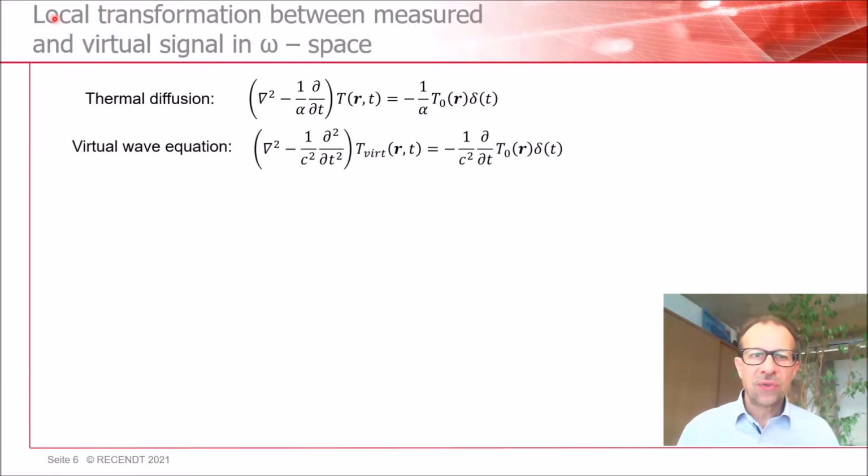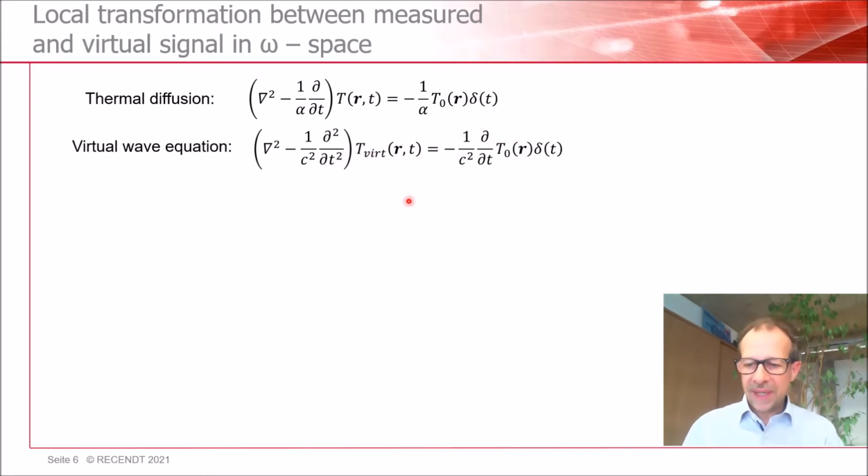This local transformation between the measured and the virtual temperature signal is shown here in Fourier space. We take again the equation of the thermal diffusion, the first one. The second one is the equation for the virtual wave, for the virtual temperature, which is an acoustic wave equation.